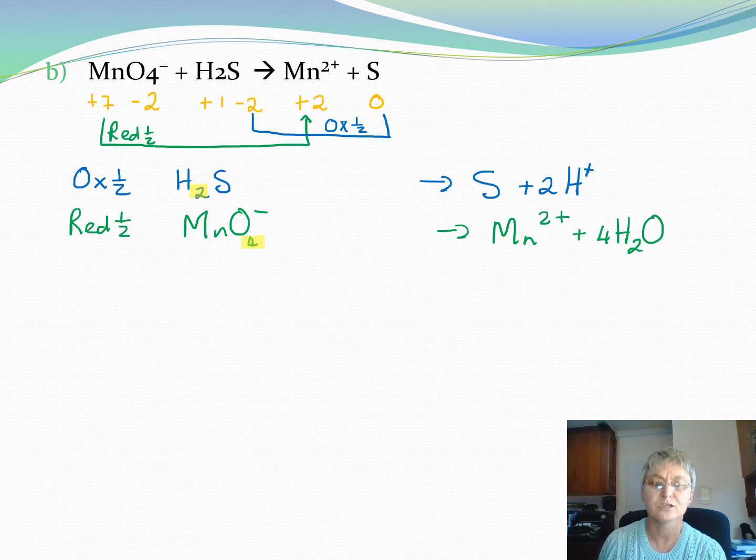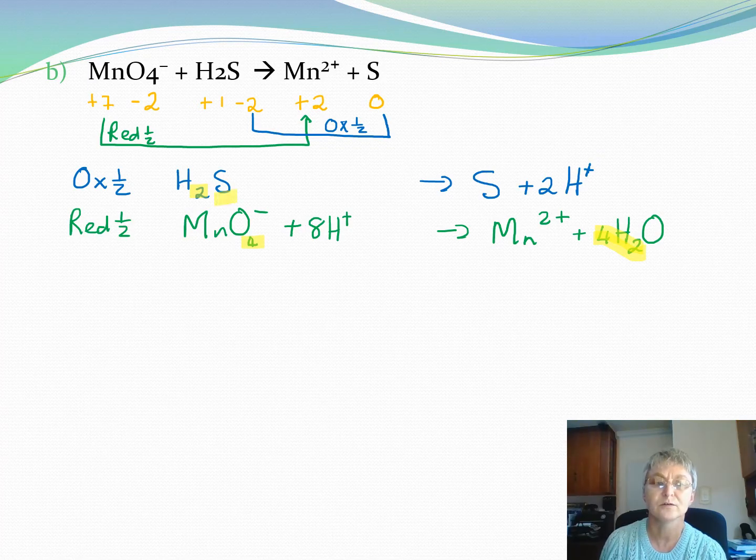And with the reduction half reaction, we have 8 hydrogens on the product side, so we need to add 8 hydrogen ions on the reactant side.